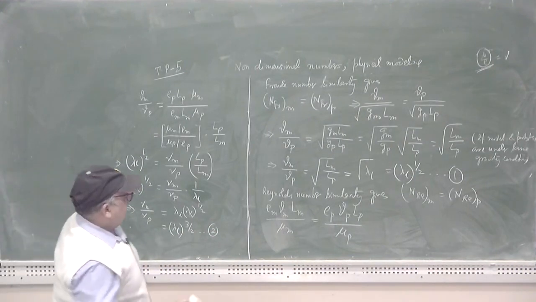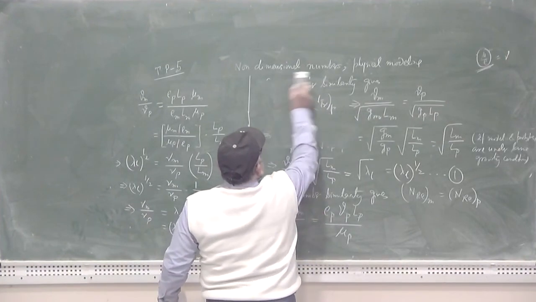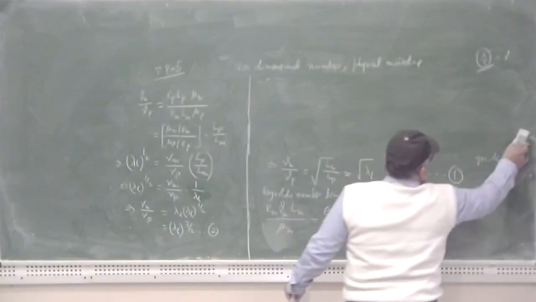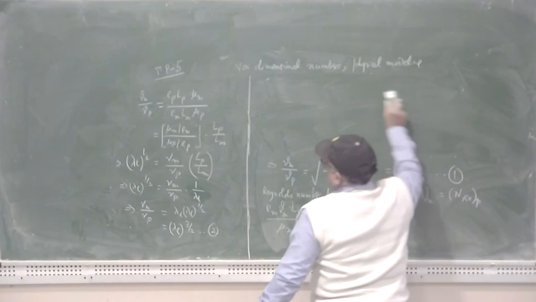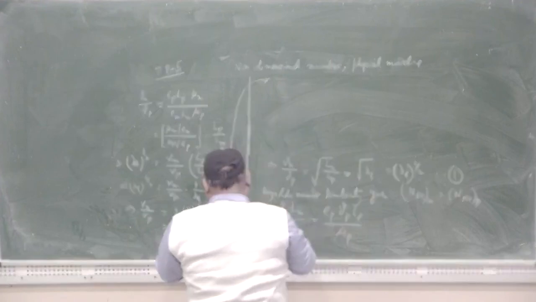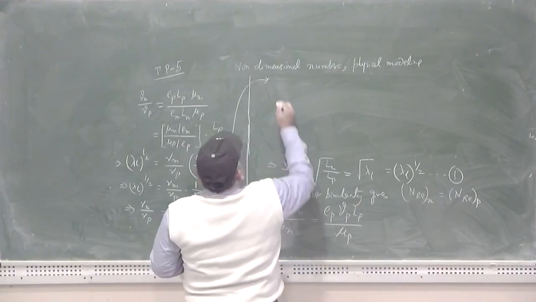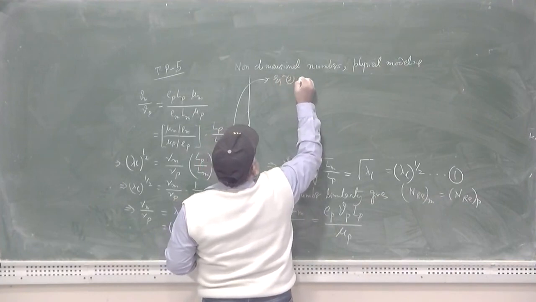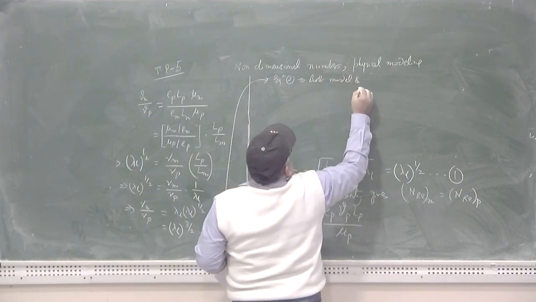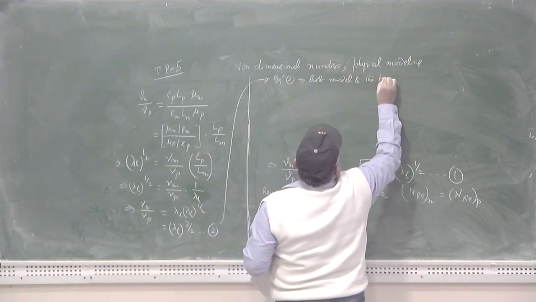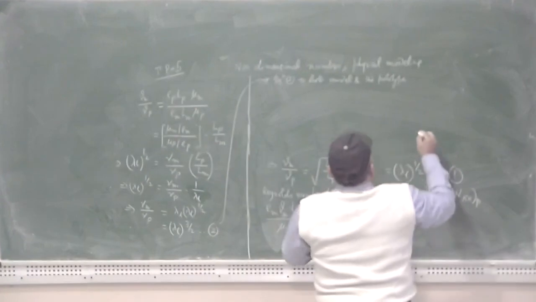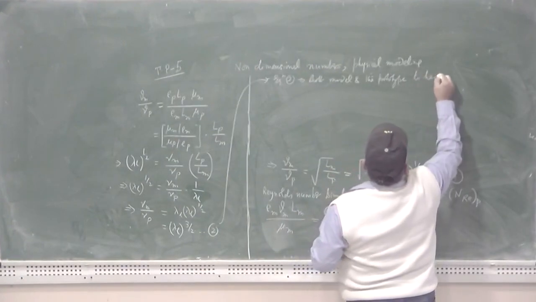So, what conclusion can be drawn from here? Equation 2 states that both model and prototype are to have different kinematic viscosity scales.